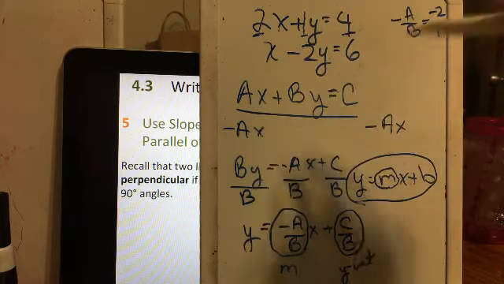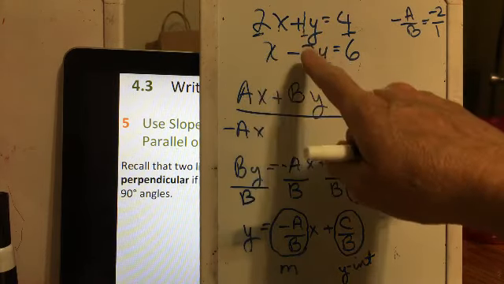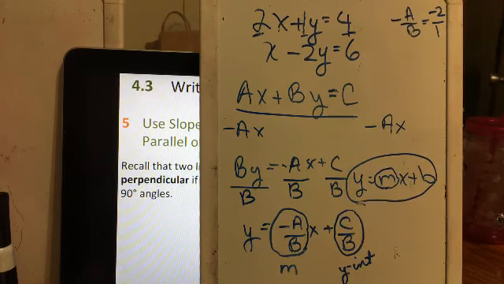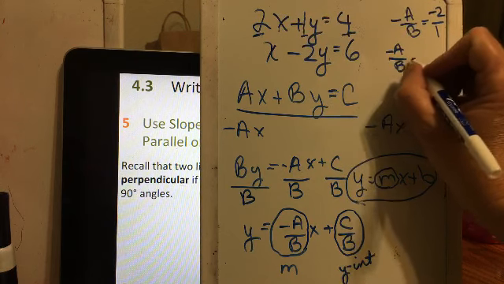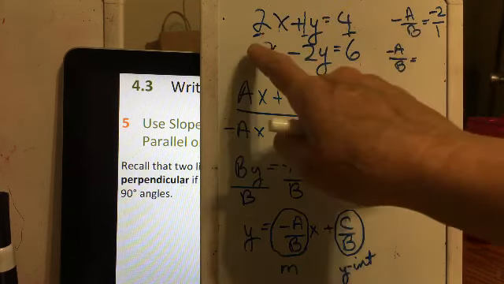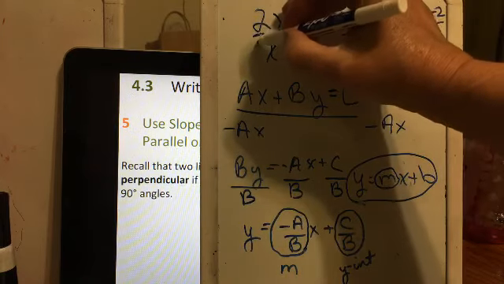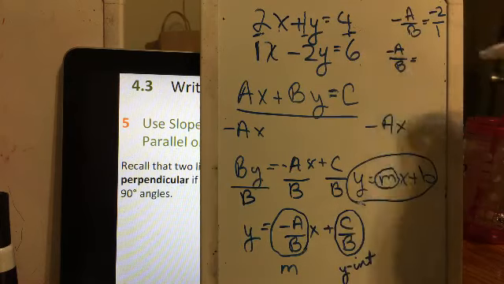Then I look at this line here. Okay, it's in standard form. X is first, then a y, and on the other side is my constant. So the slope is negative a over b. Negative a, oops, there's nothing there again, so it's a 1. So negative 1 is my negative a.